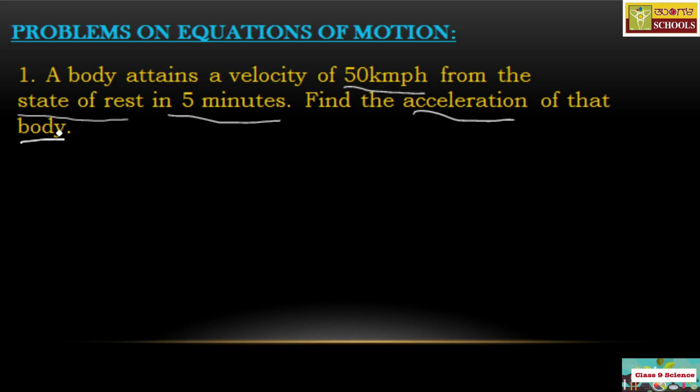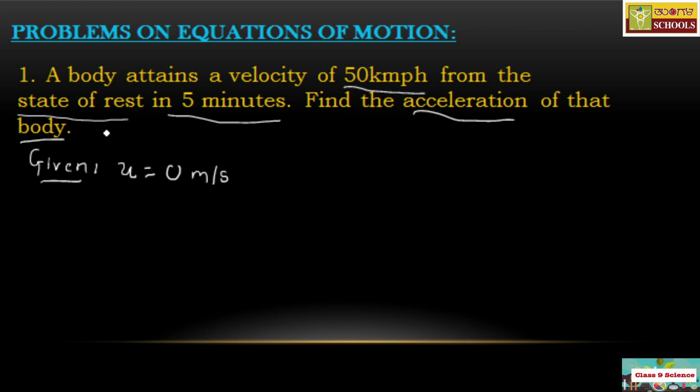What will be the acceleration of the body? Again, what you need to do is write the given parameters. What are those quantities given? The first one I will take as u, the initial velocity, u equal to 0 meter per second, because I mentioned in the problem that a body attains a velocity of 50 km per hour from the state of rest.